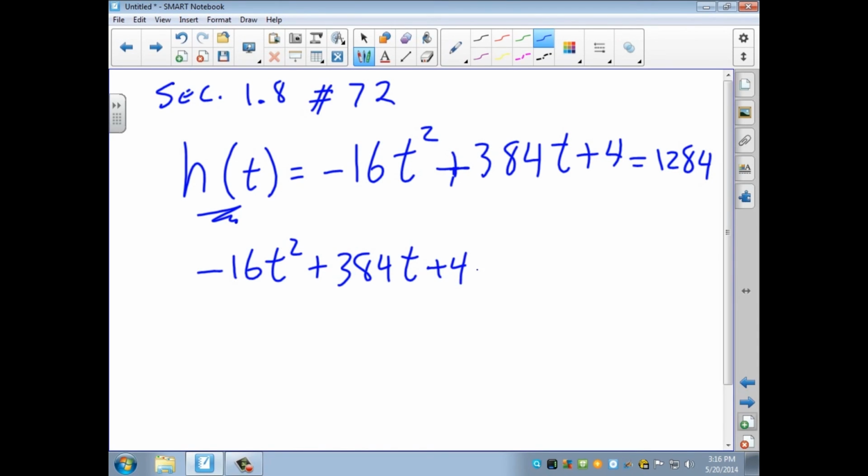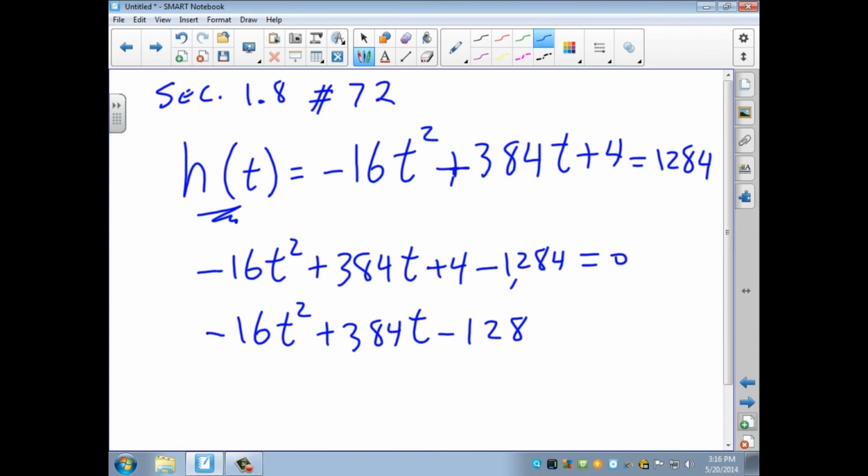Take this to the other side, minus 1,284 equals 0. So minus 16 t squared plus 384 t minus 1,280 equals 0.